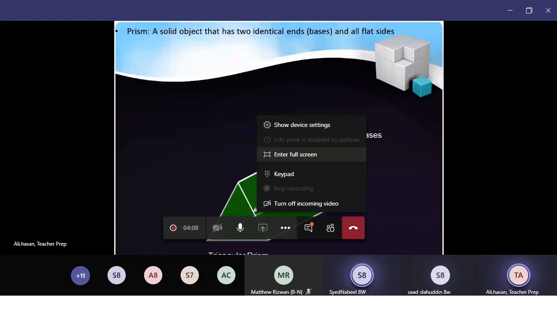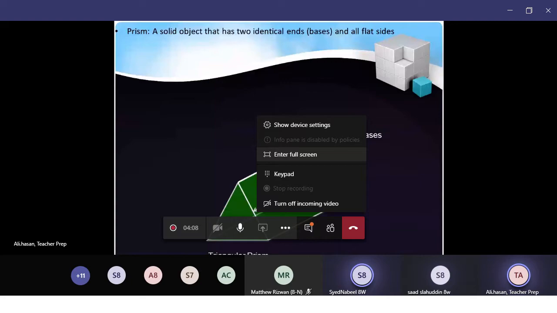Means a prism is the name given to such a 3D object which has identical ends, and once the ends are identical, we can say that it is a prism, and the ends are also called the bases of the prism. See, right in front of you, a triangular prism is given to you.